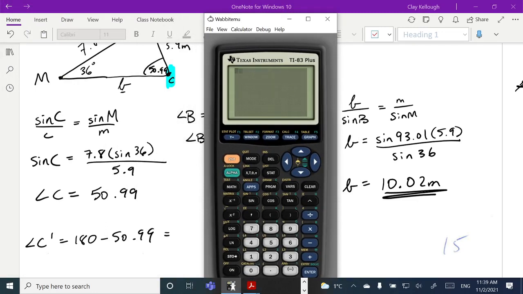Okay, so clear. I'm going to take 7.8 times the sine of 36, close bracket, divided by 5.9 equals, and there it is, inverse sine my answer, boom, 50.99. So 180 minus that answer is 129.01.